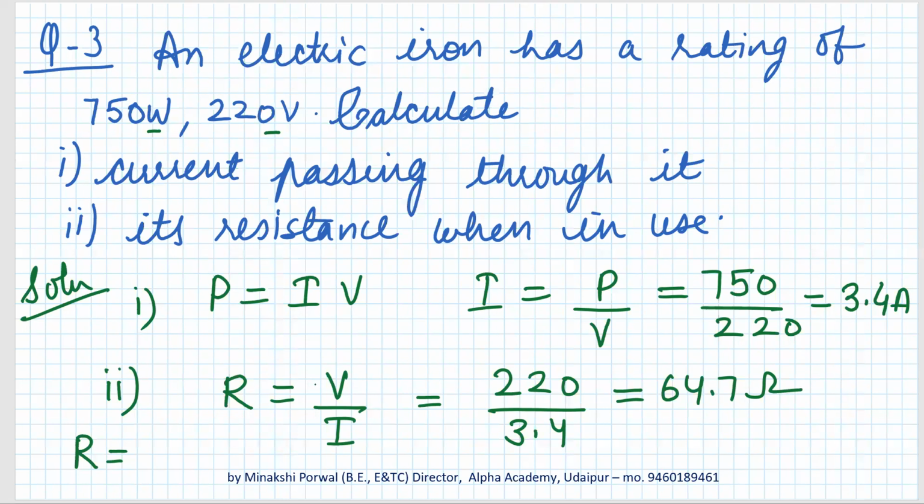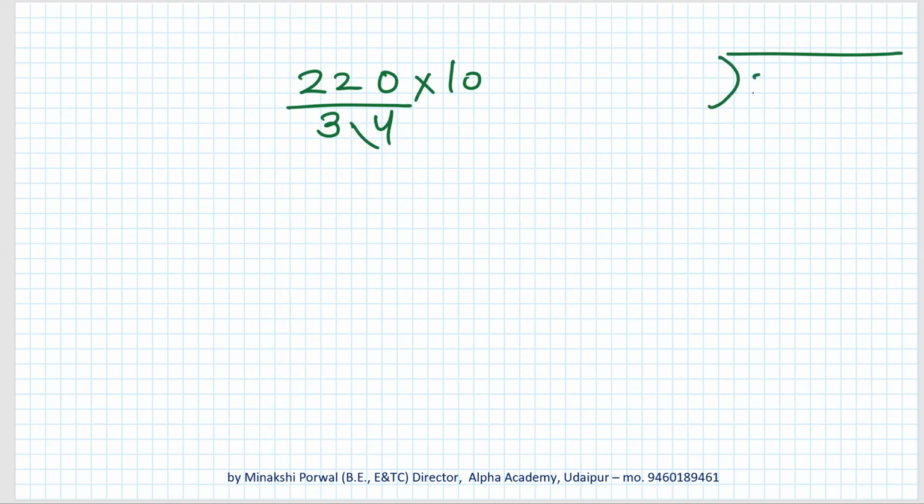R equals V upon I. So 220 by 3.4. This calculation you can do actually. Just remove the decimal point. I'll take a new slide and do this. 220 upon 3.4. So we can multiply by 10 and now divide 2200 by 34. 6 times it is 204. 160.